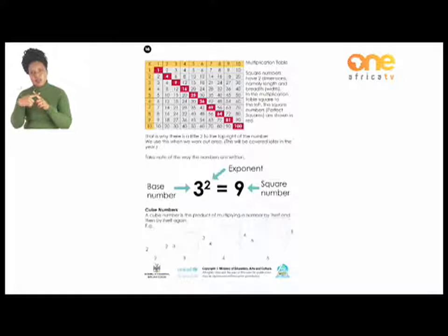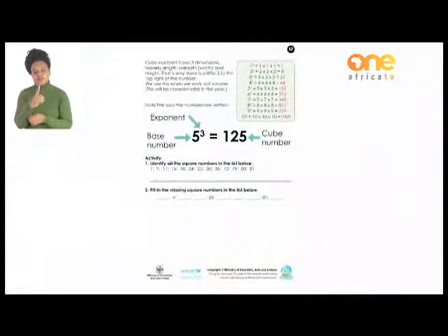Moving to page 17. Reading through, cube numbers have 3 dimensions, namely the length, the breadth, which is the width, and the height. That is why there is a little 3 to the top right of the number, which that 3 is also called a cube.